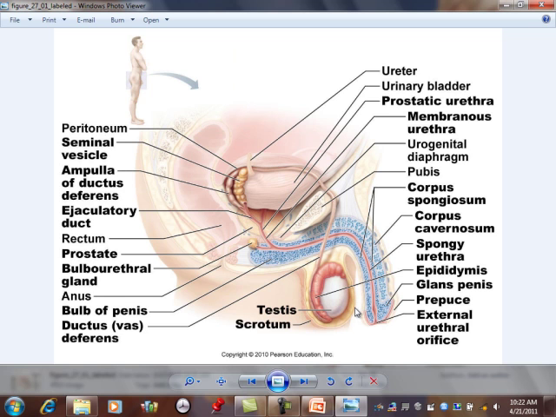Now, before I get away from this diagram, I just want to point out a couple of other parts. In order for males to deposit reproductive cells for reproduction, we have to mature them, and then we have to deposit them. I'm just going to go through the pathway, and we'll talk about each of these places individually in a moment.